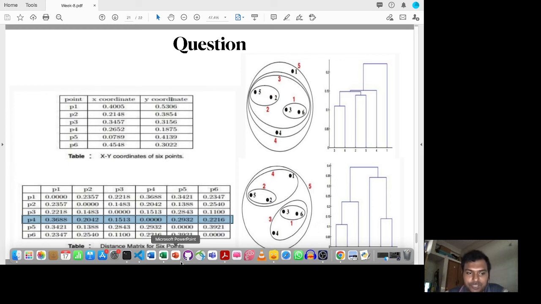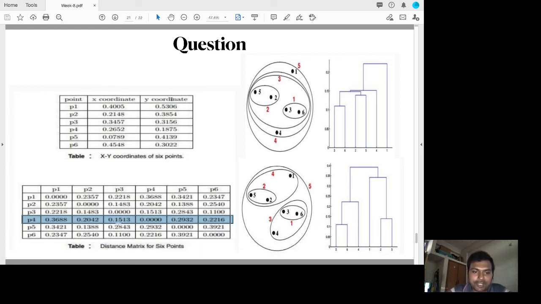Correct, it is 0.1513, because your candidates are 0.1513 and 0.2216, and since you are going by min linkage you will take 0.1513. Okay, it is a minimum. Now what is the distance between cluster 2 and cluster 1?